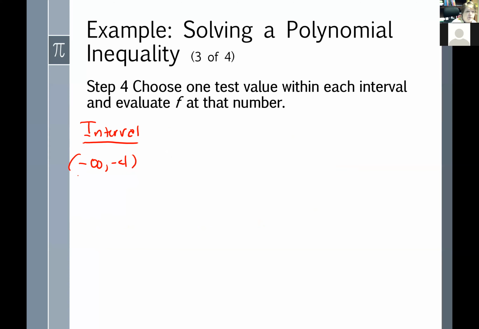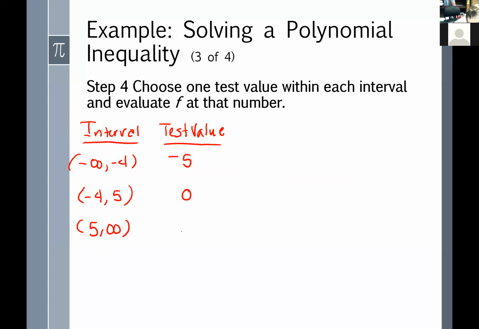I got that interval from that one boundary point, -4, -4 to 5, and from 5 to infinity. Okay, and my test values: in that first interval, I'm going to test -5. In the second interval, I'm going to test 0. And the third, I'm going to test 6. And then I'm going to evaluate my function at these values.